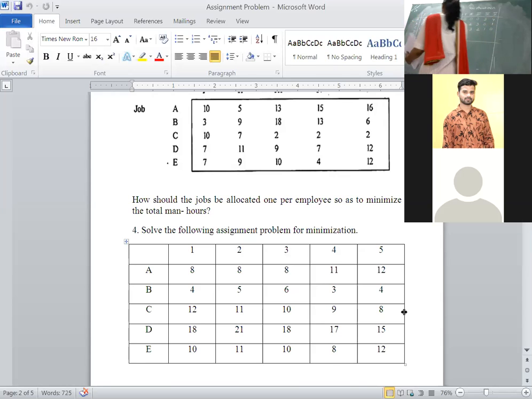Fourth row, which is minimum, 12. Fifteen, 12 is minimum. 18 minus 12, 6. 12 minus 12. 18 minus 12, 6. 17 minus 12. Next, last row, 8 is minimum.